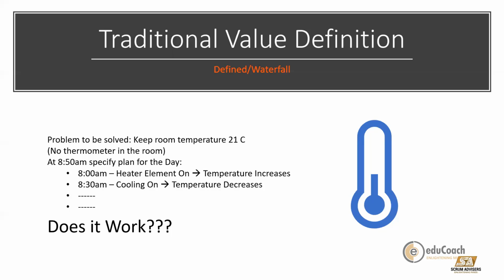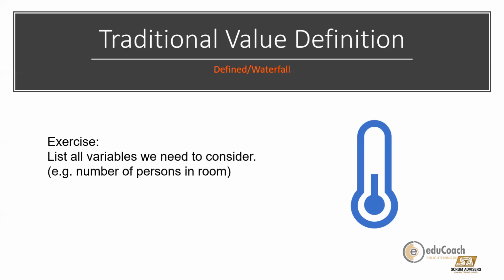So what I try to do is, we still don't have the thermometer, but let's try to list all the variables that we need to consider. Let's try to speculate on what changes might happen that could affect the temperature of the room. It's similar to what we do in our project. Remember, in our project, early on, we are doing the design analysis, we are doing the architecture, and we are trying to assume all the variables.